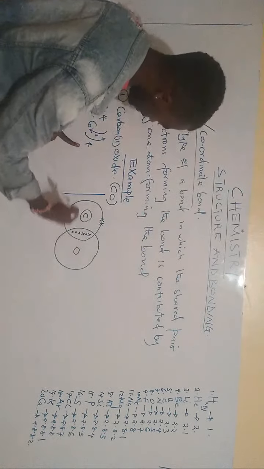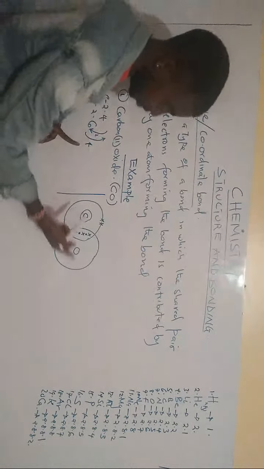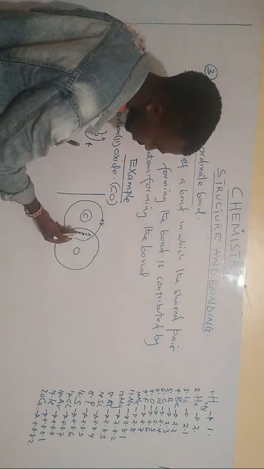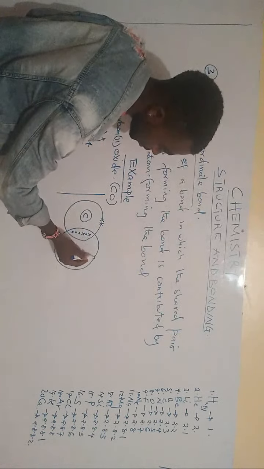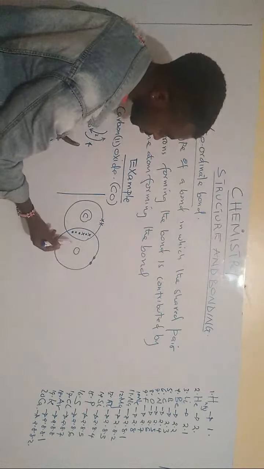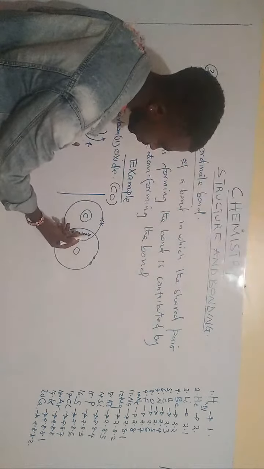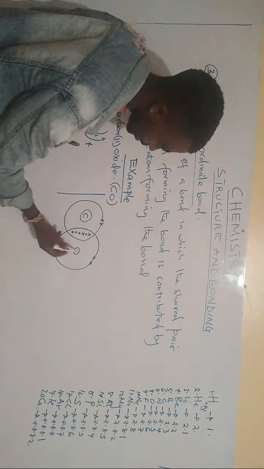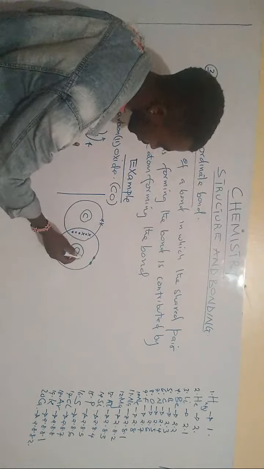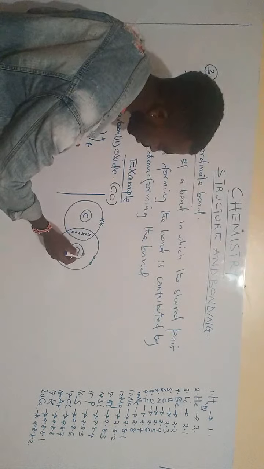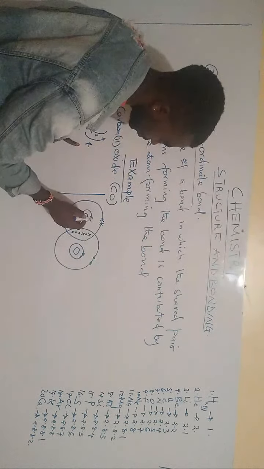For oxygen, the outermost energy level was going to be 6. The dots now, remember: 1, 2, 3, 4, 5, 6. So when we add the 2, it is stable: 1, 2, 3, 4, 5, 6, 7, 8. The first energy level for oxygen was 2, and for this one it was 2, 4.